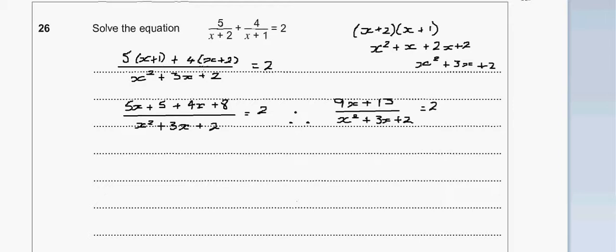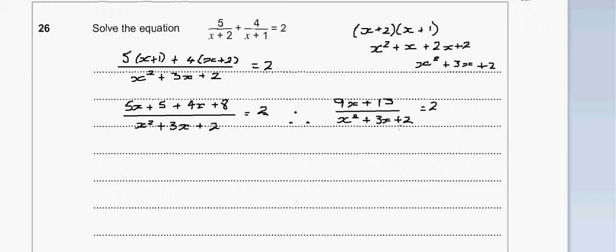This will go into this many times, so this needs to be multiplied by this. So you multiply it all out and then you simplify. And it will still equal whatever it equals.